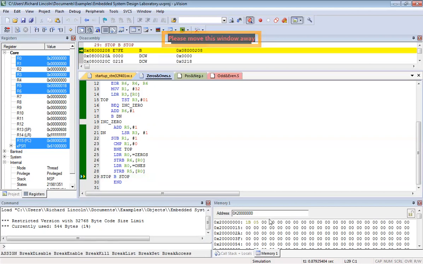What is this 1B? 27, sir. Yeah, so that is giving us the number of zeros, and of course we have 5 here, which is telling us the number of ones, which is R6.